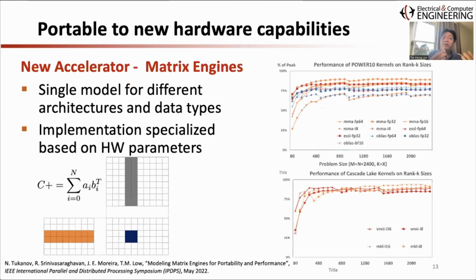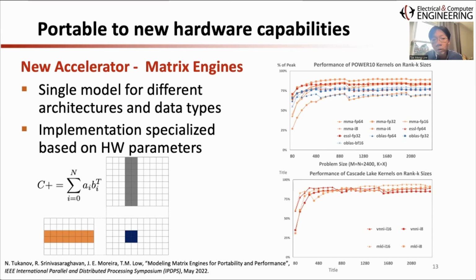Right. So when we move to new hardware capabilities, for example, matrix engines or matrix multiply accelerators, which are upcoming in many architectures that are announced this year, we can do the same thing.